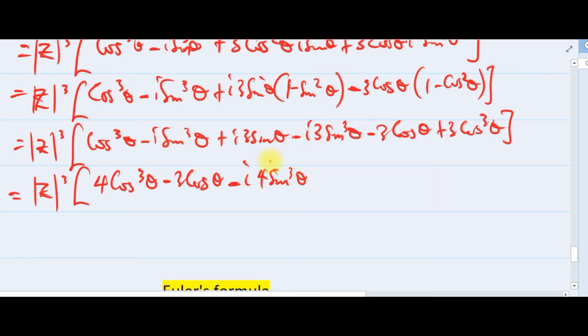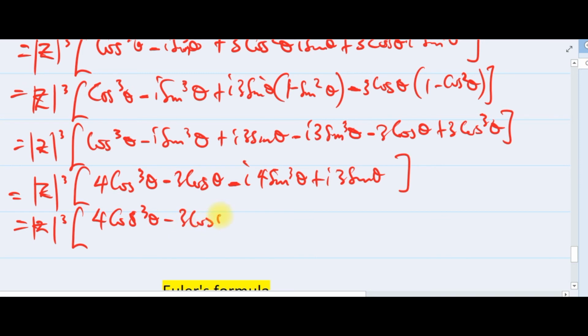That's this and this. And finally, we have plus i 3 sine theta. So from our trig identity, we can write this. Okay, this is 4 cos cube theta minus 3 cos theta.